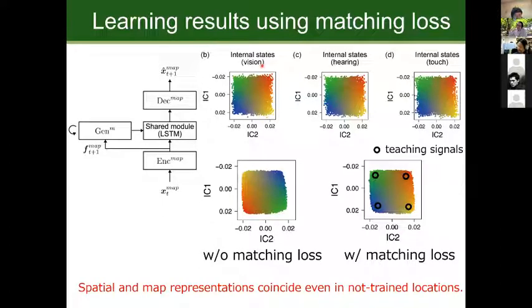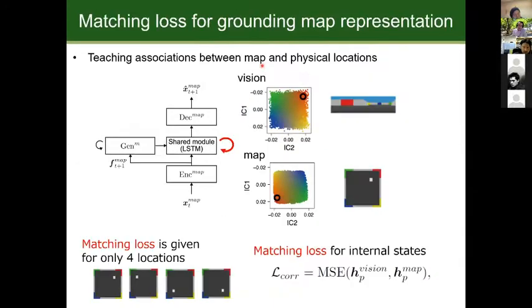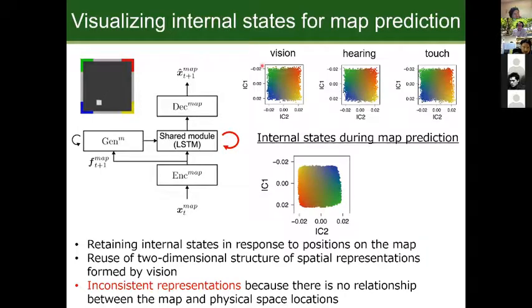So you're doing it when it's using vision. I still didn't get it. How do you force the internal state to be about vision and not about hearing when you get the IC1?